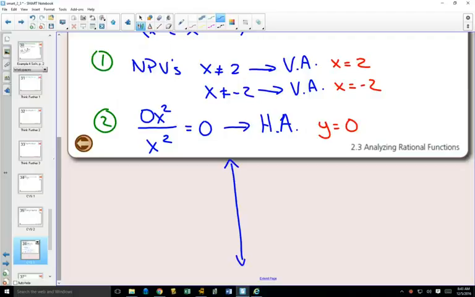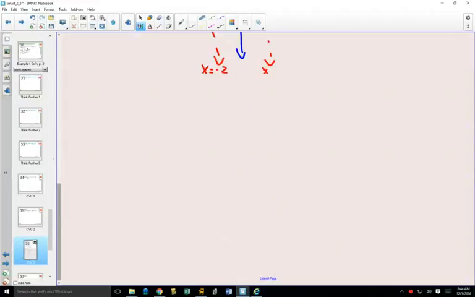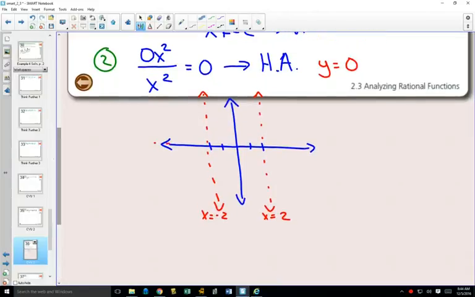So we set up our graph, we draw in our asymptotes, we have 1 at 2, 1 at negative 2, and we have 1 at y equals 0.